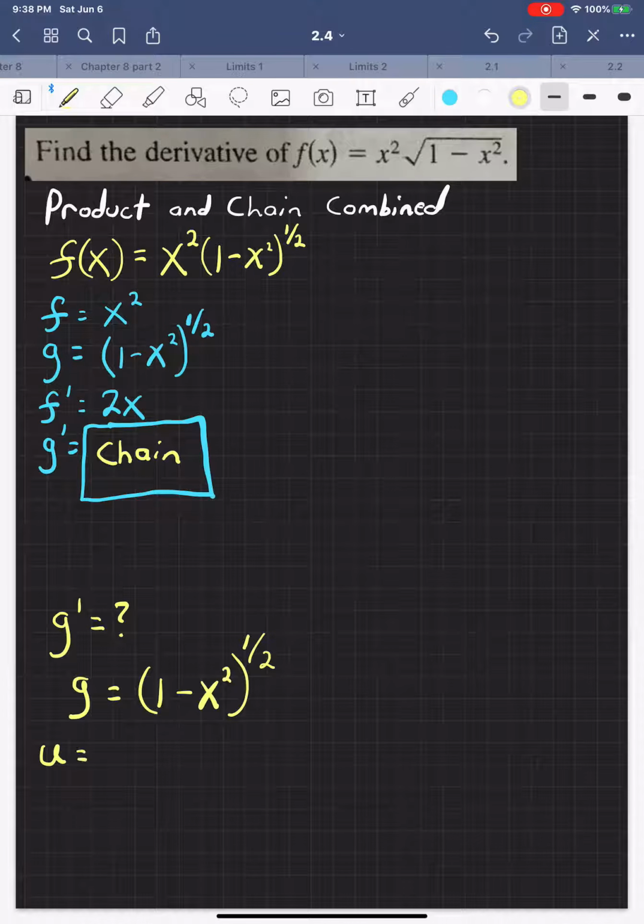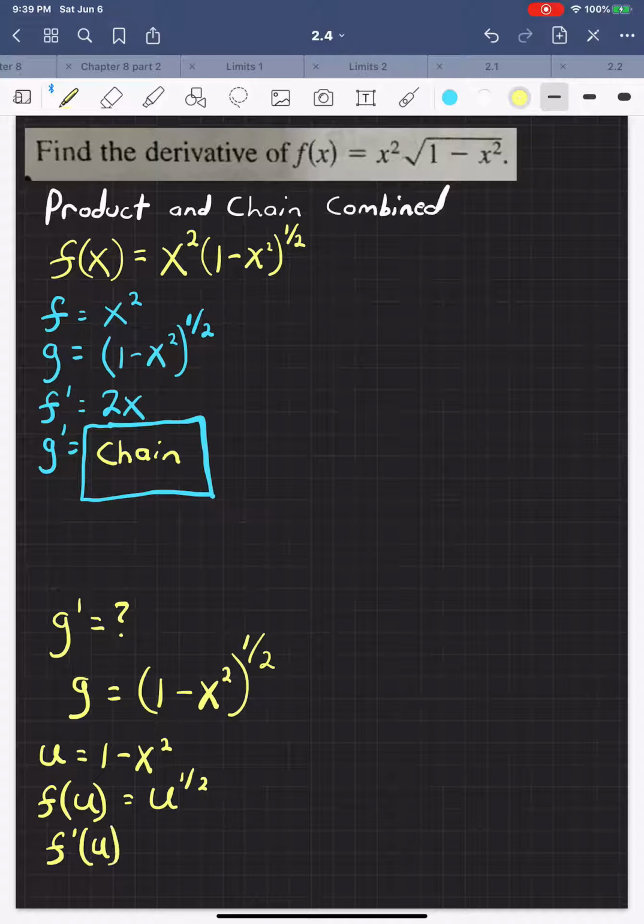So if we let u be 1 minus x squared, then f of u would be u to the power of 1/2. Now let's take the derivative of f with respect to u, which would be 1/2 u to the, well, if I have 50 cents and take away $1, I now have negative 50 cents.